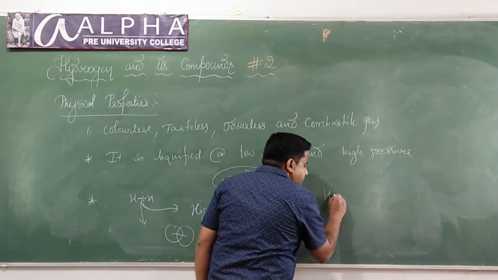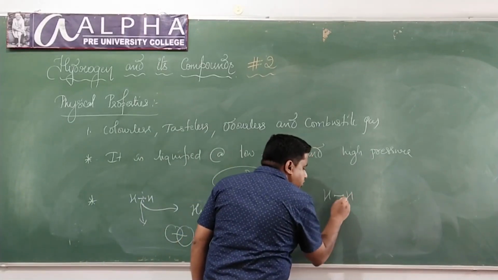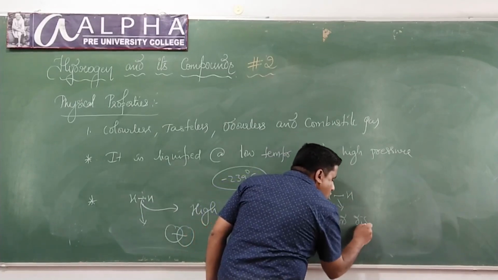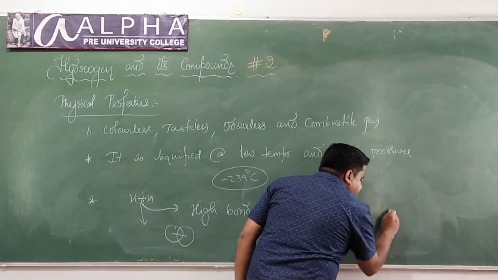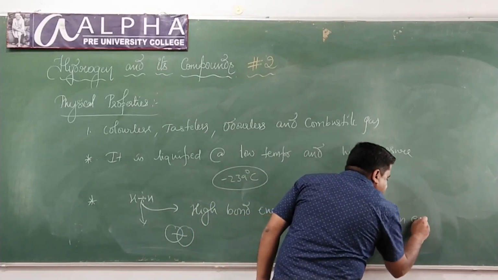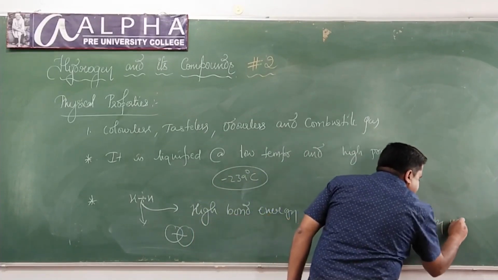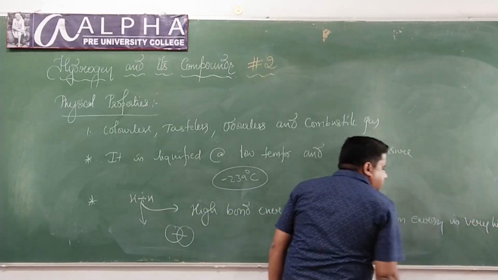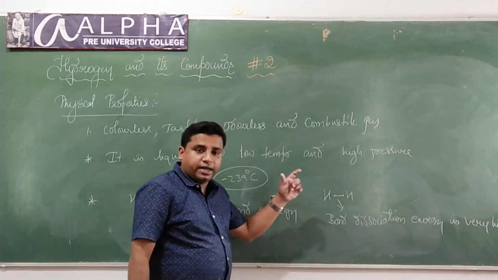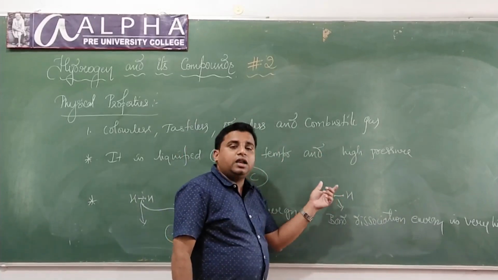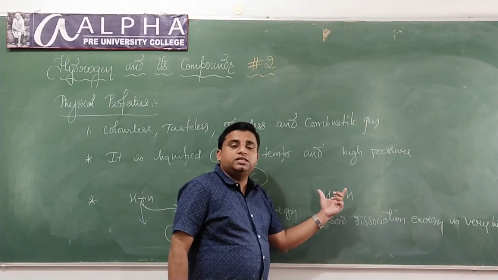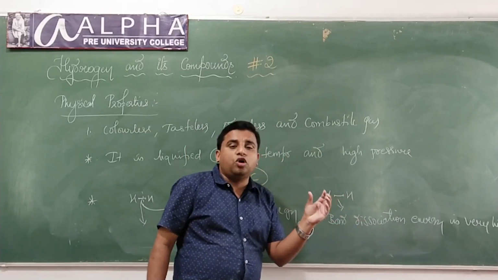So for the H-H bond in hydrogen, the bond dissociation energy is very high, since the two hydrogen atoms are smaller in size.